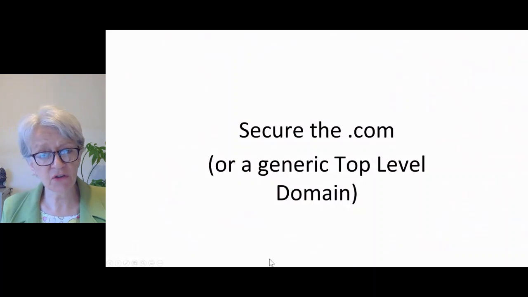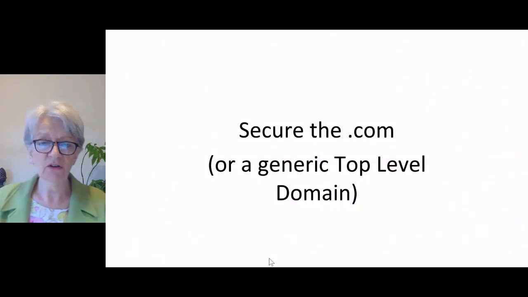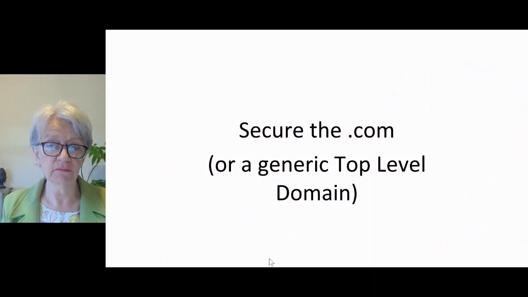So securing the .com will open you up for search. .co.uk is a country code domain name that is engineered to work well in the UK, but not in other countries. So if you imagine when we're searching here, you will not generally see foreign language websites from other countries.